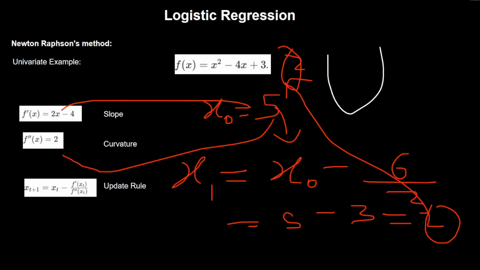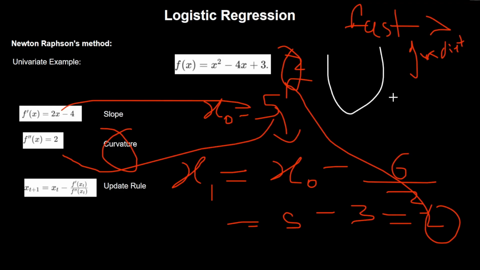The model's ability to use this curvature information allows it to jump directly to the minimum, which is the key reason it can converge much faster than the usual gradient descent algorithm, where it might take bigger steps or small steps, and it's much slower.